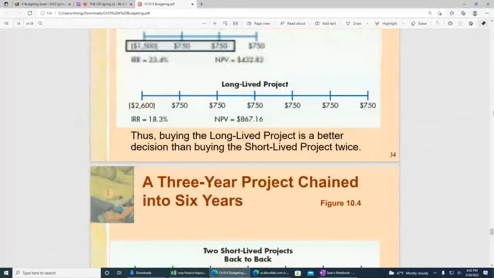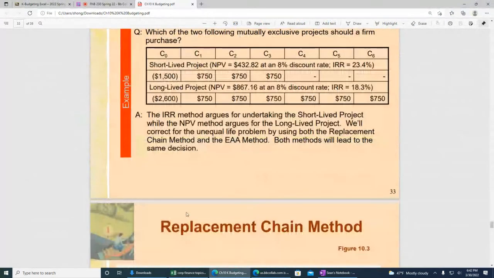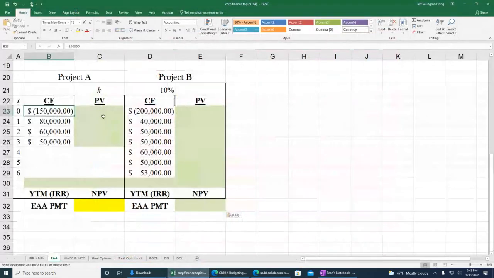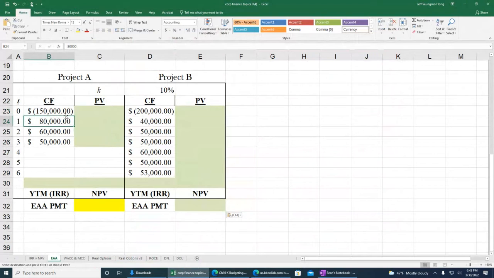Yeah, and 750. So 1,000, we'll just change it to 1,500.